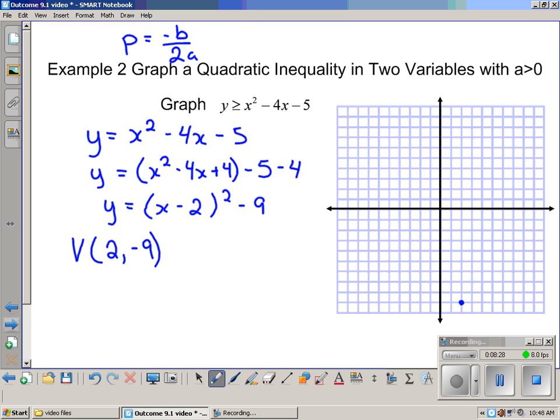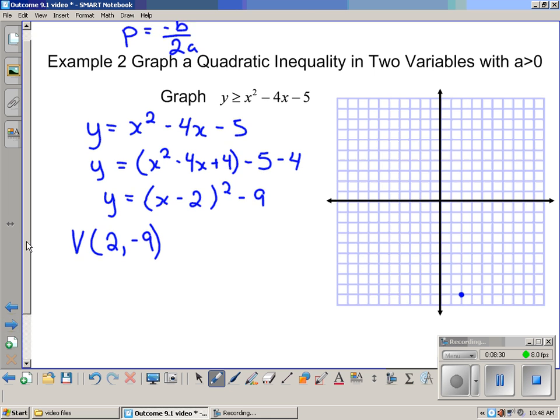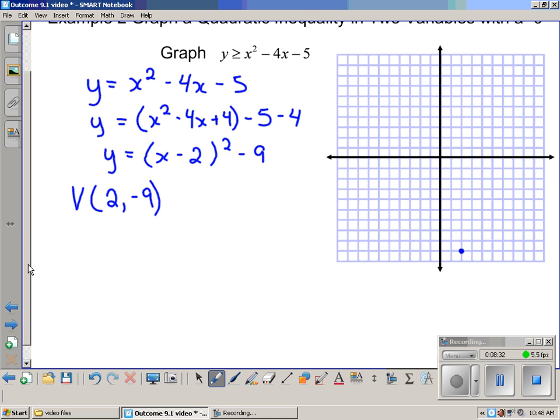To find my x-intercept, so I have some idea of how wide those arms are, I'm going to put in 0 for y and solve this quadratic equation. So bringing 9 over, I have 9 equals x minus 2 all squared. Take the square root of both sides.